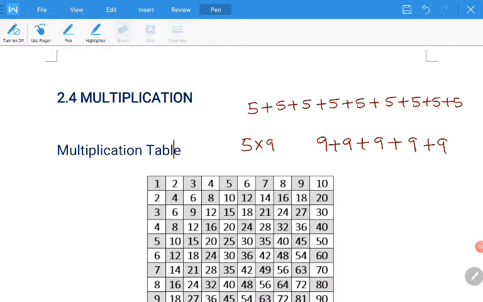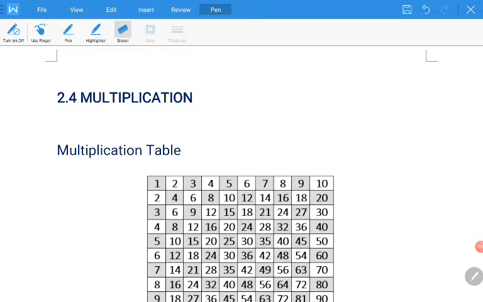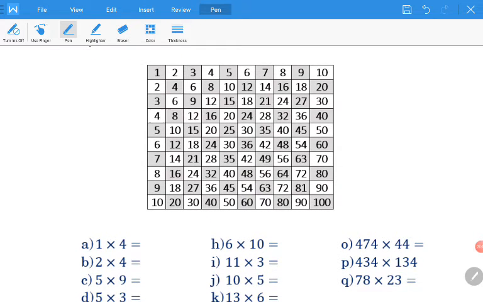So using the multiplication table, we can solve 5 times 9. Here we just go to this 5, and we take this 9. Where these two numbers meet, that's the answer. So if we move, we can see that these numbers are meeting here, and the answer is 45.